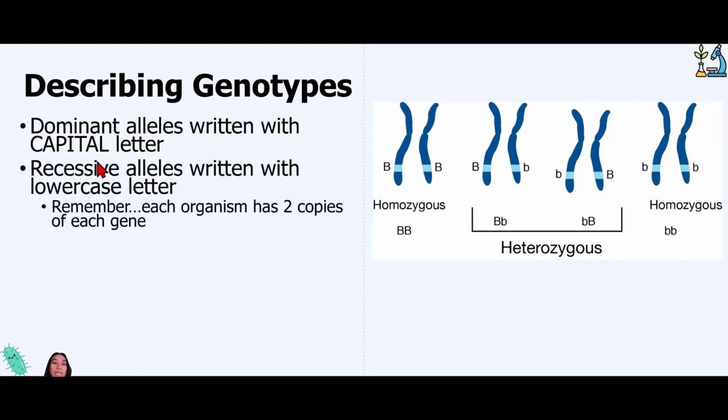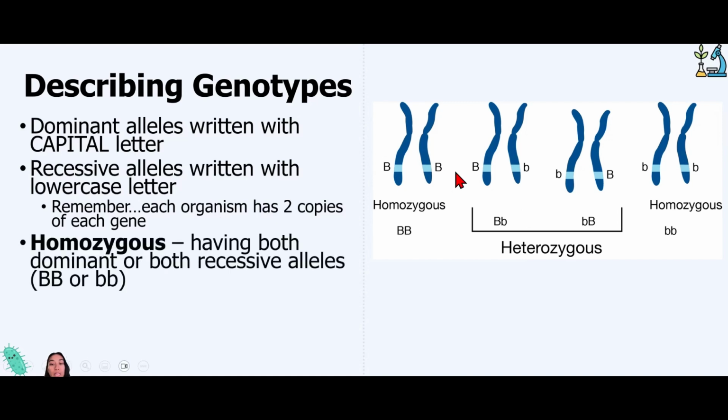Now, remember, most eukaryotic organisms are going to have 2 copies of each gene. So, for example, us humans, we have 2 copies of each chromosome, right? 23 pairs. And so you're going to have 2 copies of each gene.